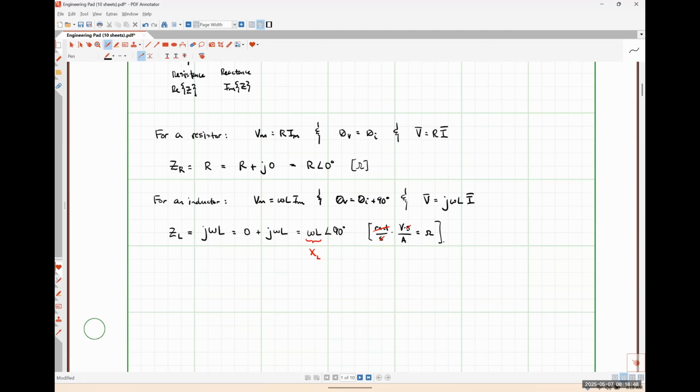So this frequency dependent property of the inductor is part of why it is used in devices or circuits that are called filter circuits. Effectively, if we take the voltage drop across our inductor at very, very low frequencies, it's going to look something very close to zero because our inductor looks like a short circuit.